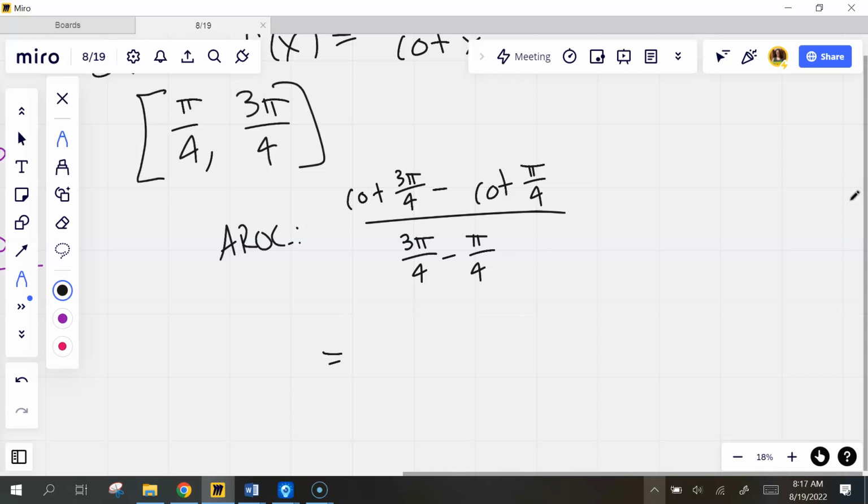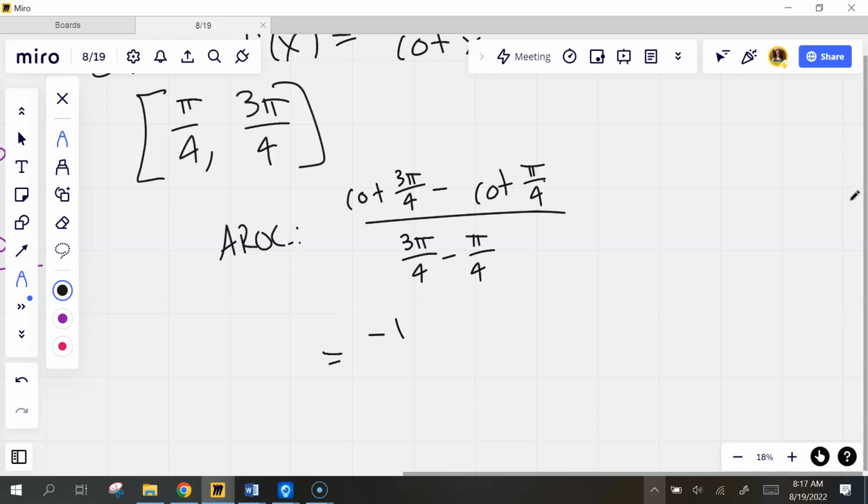In the case of quadrant 2, that's where my cosine is negative but sine is positive. So no matter which one I divide by what, I'm still going to be negative 1. Do you agree? Okay. So negative 1. Now pi over 4. Where am I at pi over 4? Quadrant 1, right?